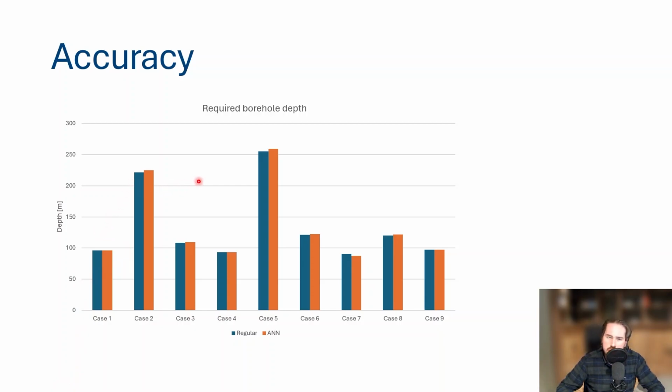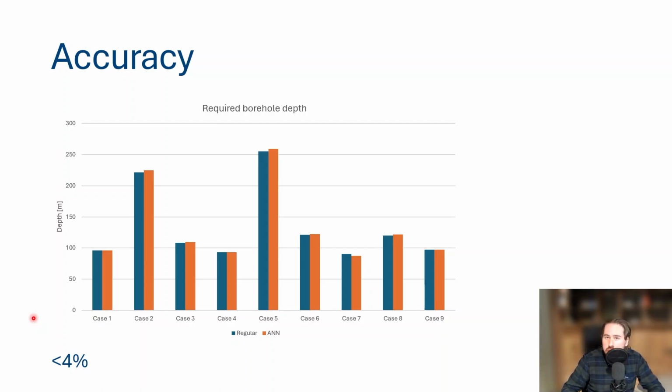Sometimes it differs, sometimes it's exactly right. But overall, in these 9 cases, we saw that our result was within 4% of our traditional method to calculate the required borehole depth. So our ANN performed extremely well for these different cases.